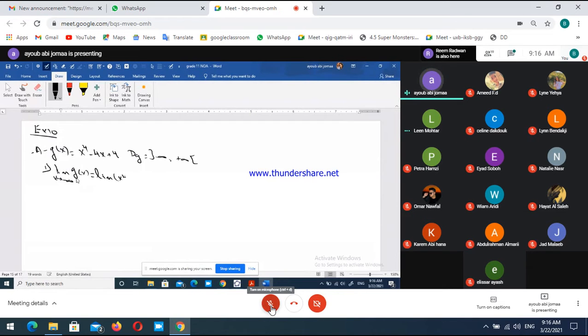So it is the limit of x power 4 as x approaches negative infinity, the highest exponent: negative infinity to the power 4, which is positive infinity. Okay, and what about the limit of g of x as x approaches positive infinity? The same idea, it's positive infinity power 4, which is positive infinity.